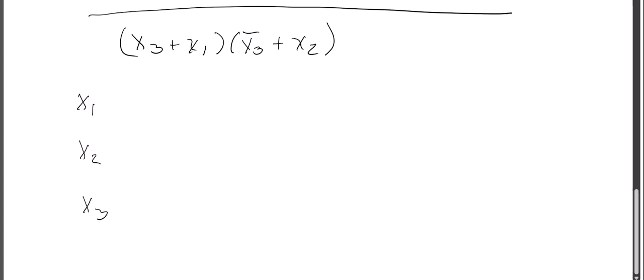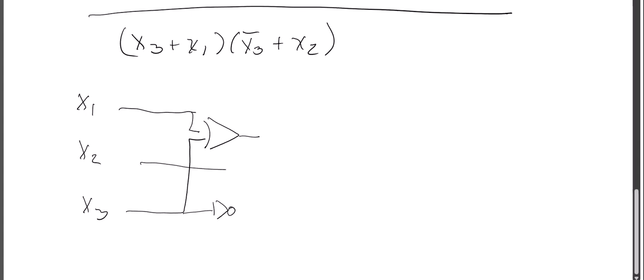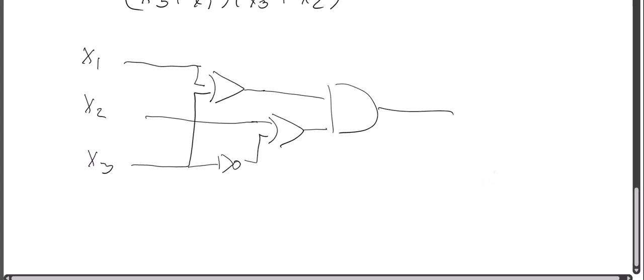So I have x3 or x1, and I have x3 not or x2. And then I have the AND of these. And this is going to be a more stereotypical problem.